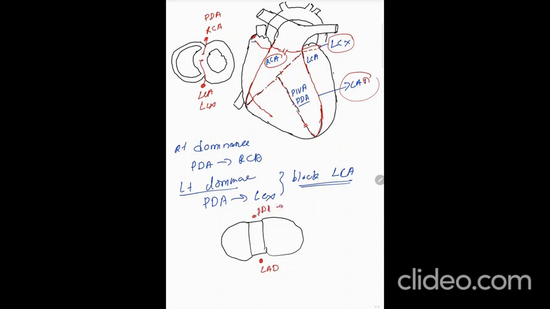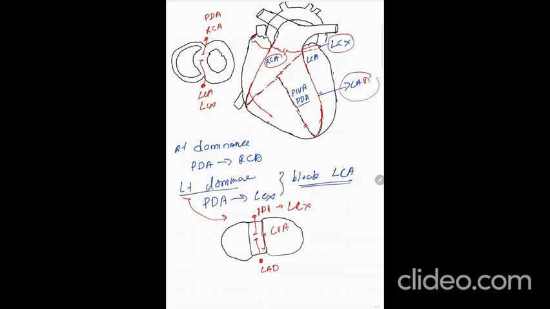In a left dominant heart, the PDA is a branch of the left circumflex artery, LCX. So in this case, the whole of the interventricular septum will be supplied by the left coronary artery.